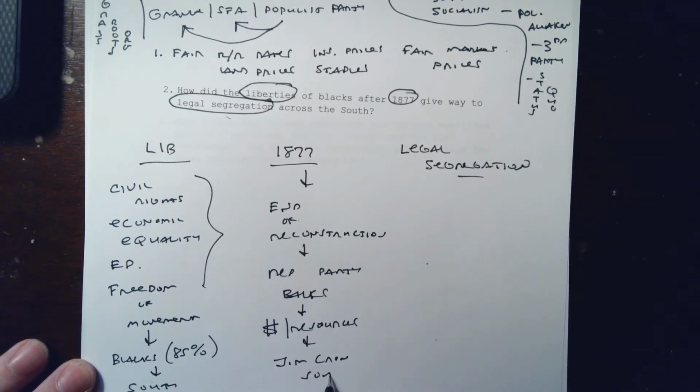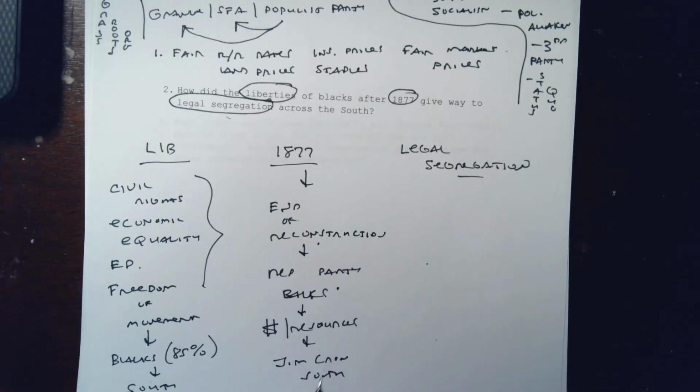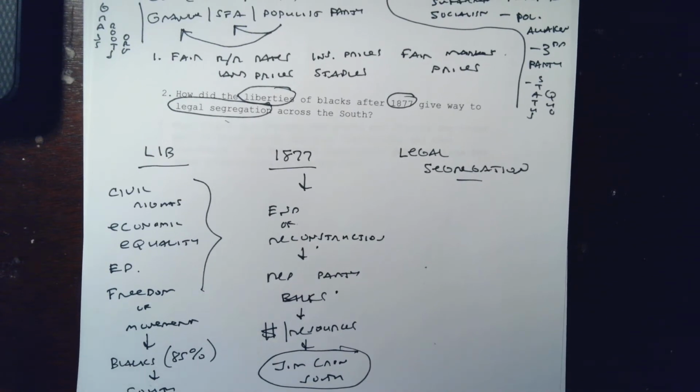All right. And that's significant because here they're seeking all these things. You know the period, 1877. You know what had just ended, who's walking away, what's being taken away, and what is the significance of all this. And it's the Jim Crow South.